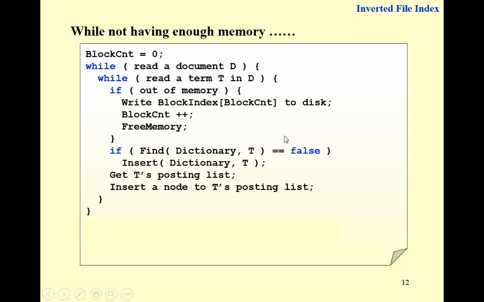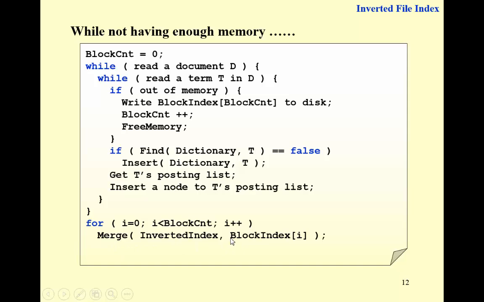And when we're done with all the processing, we're supposed to merge all the blocks into the inverted index, block by block, one by one, into the final inverted index. So each block contains a subset of the posting lists, right? And we're supposed to merge those posting lists into the final posting list. In order to make this step fast, we better keep all the block indexes sorted.